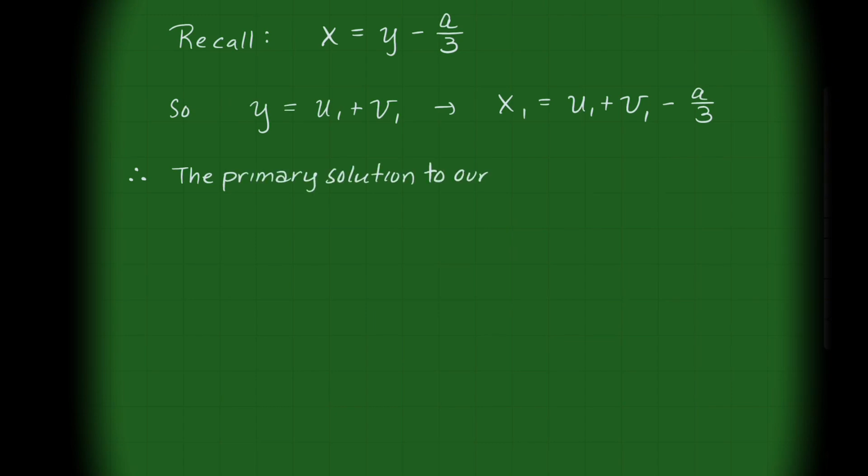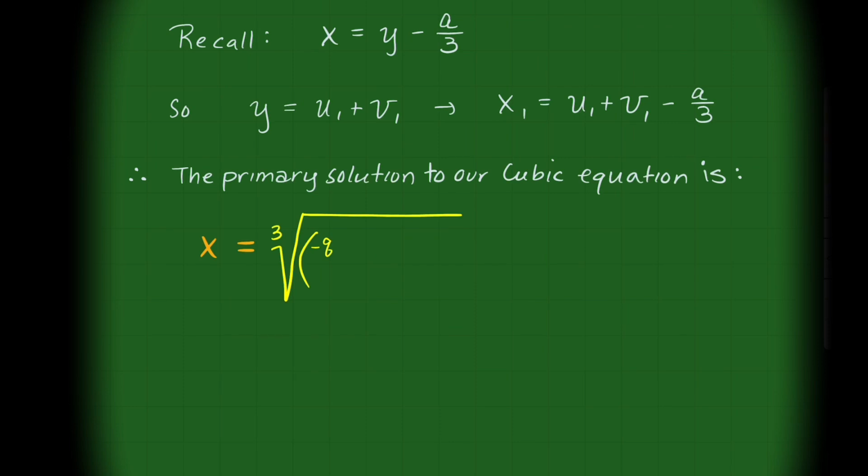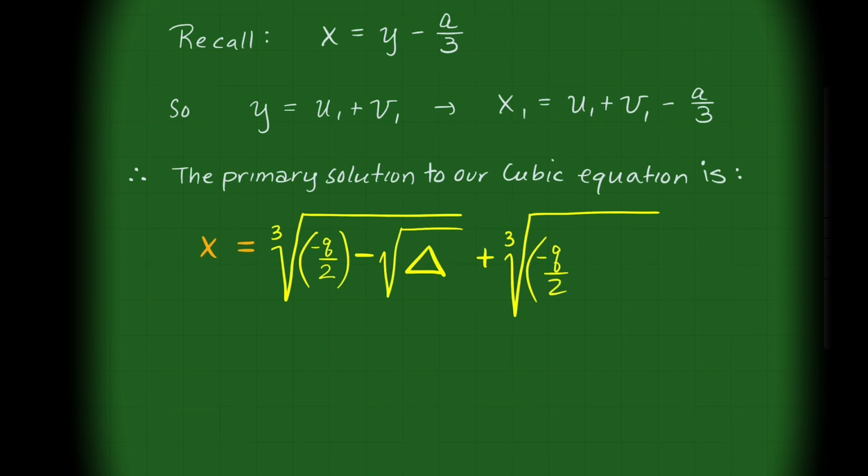So the primary solution to our cubic equation is going to be x is equal to the cube root of negative q over 2 minus the square root of delta, which we know was q over 2 quantity squared plus p over 3 quantity cubed, added to the cube root, which has the positive value inside, minus a over 3.